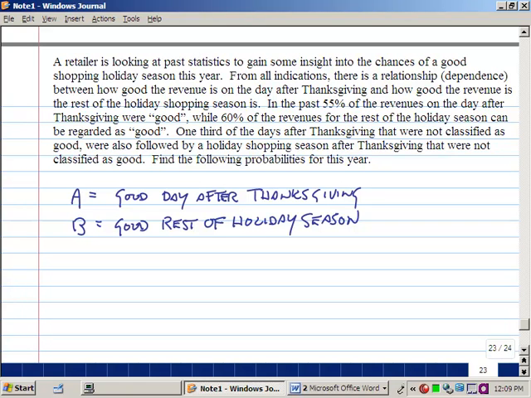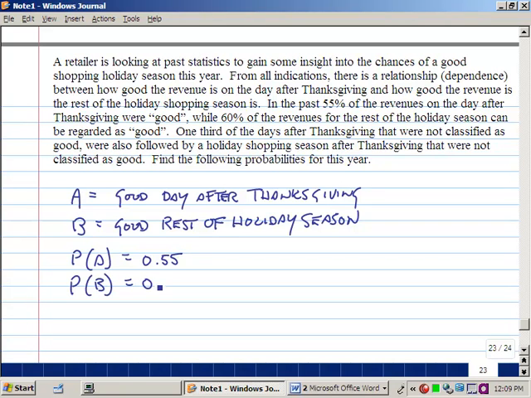It tells us in the past 55% of the revenues on the day after Thanksgiving were good. So probability of A is 0.55, while 60% of the revenues for the rest of the holiday season were good.